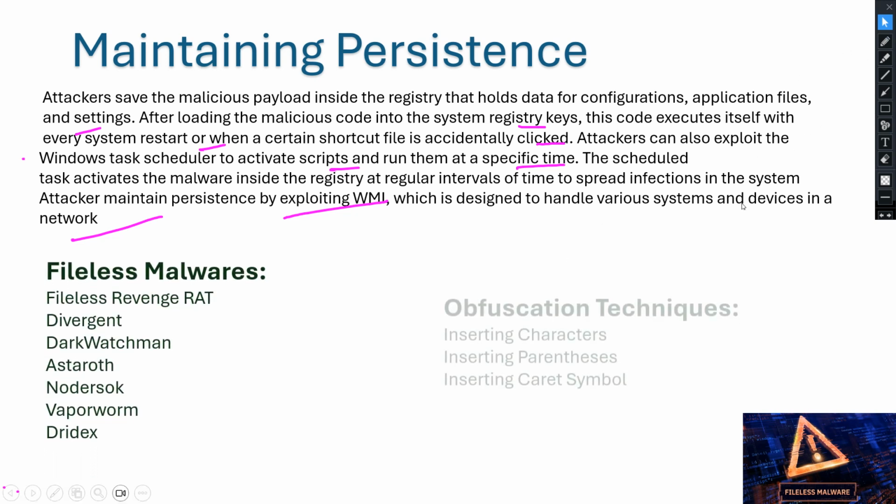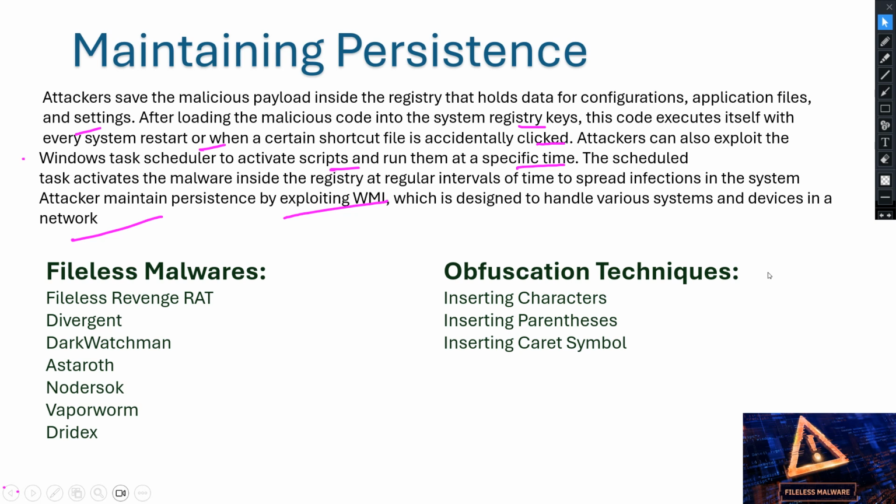Let's talk about fileless malware and obfuscation techniques. The names of fileless malware are Revenge RAT, Divergent, Dark Watchman, Astaroth, Node-Rush, Vapor Worm, and DreadAxe.